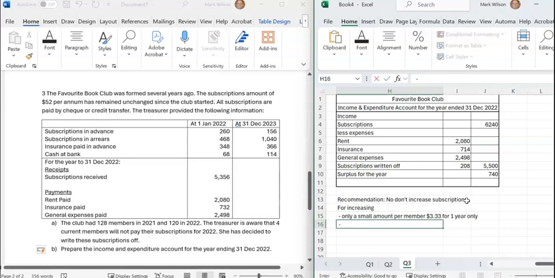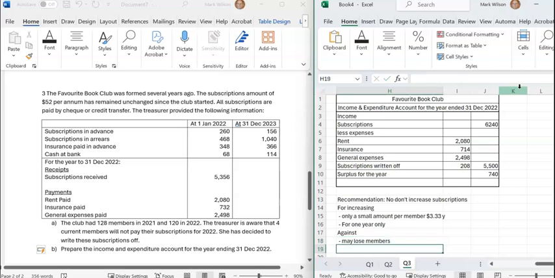And what else? Can we say interest for? Well, actually, so we'll put that as a 2. Because once they've done that, they've paid for it. Against. May lose members. And maybe there are other costs with computers.